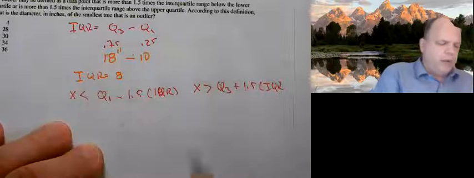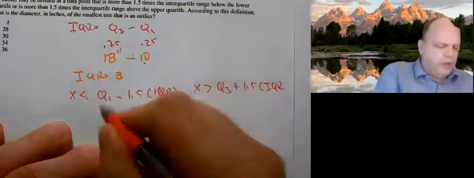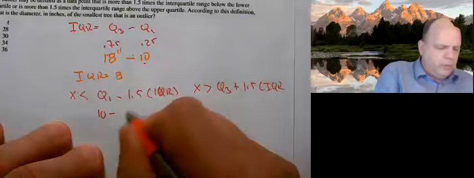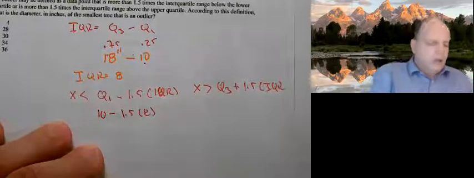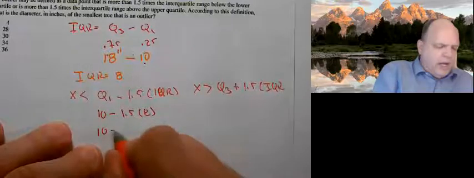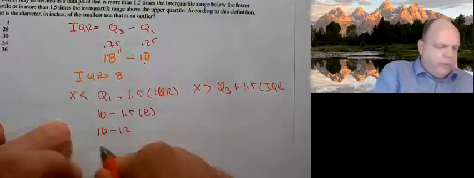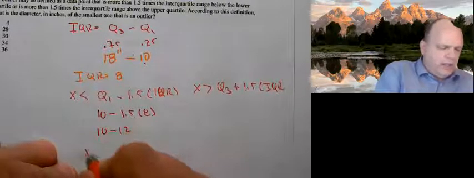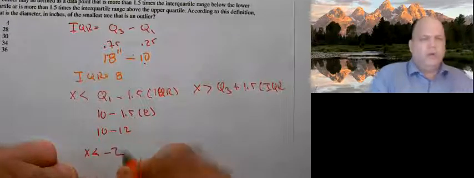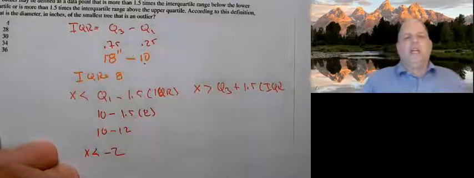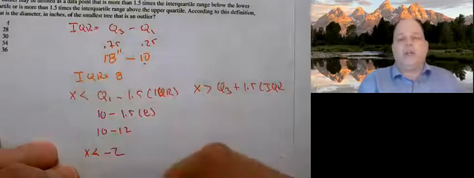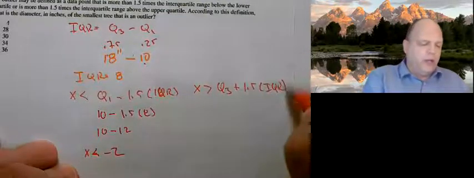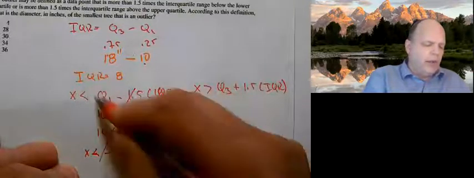What was our Q1 value? We said our Q1 value was 10. So 10 minus 1.5 times 8. 10 minus 12, and we end up with X has to be less than -2. Well, that's a problem. There's no -2 tree. So no outliers on the lower side.